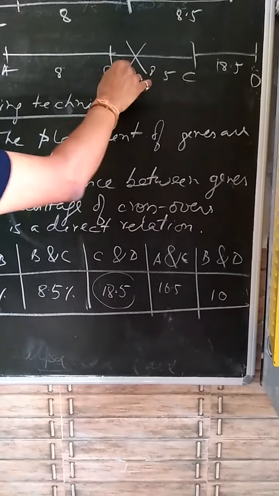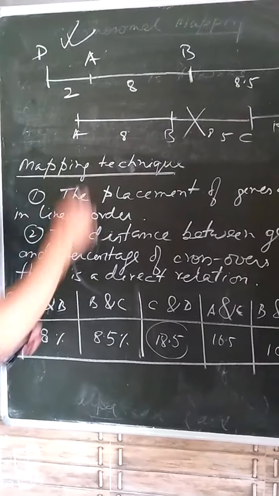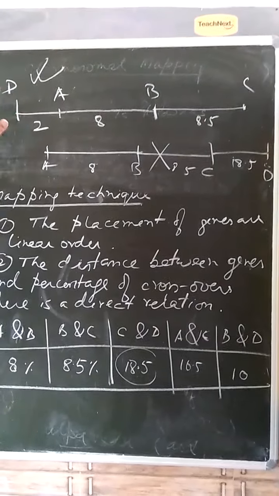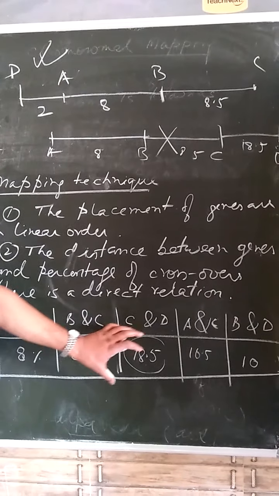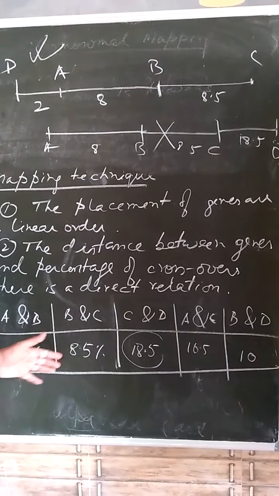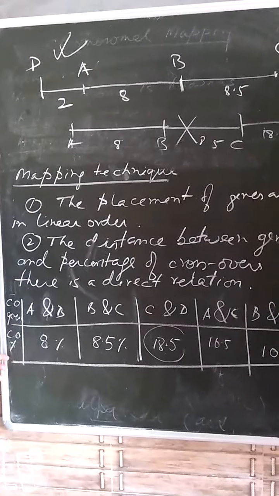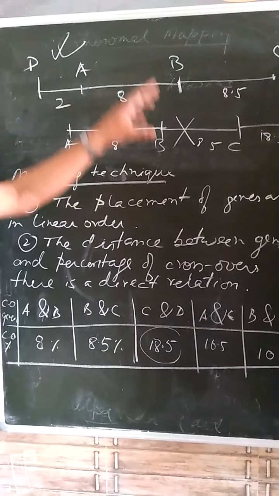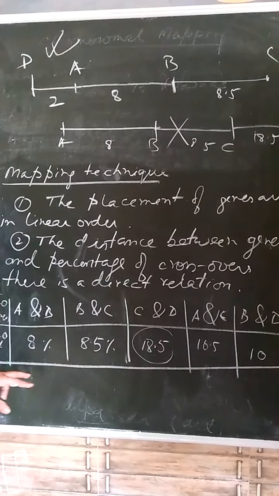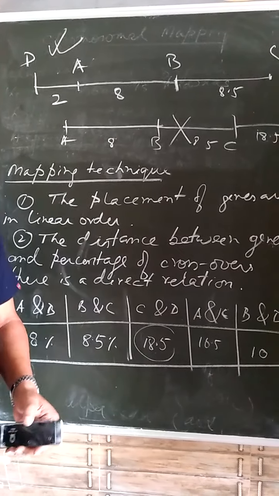So this particular linear order is correct. So this is how we map the chromosome. The numbers will be given, the crossover of the genes and crossover percentage. You have to map according to the order of this percentage crossover. Thank you very much.